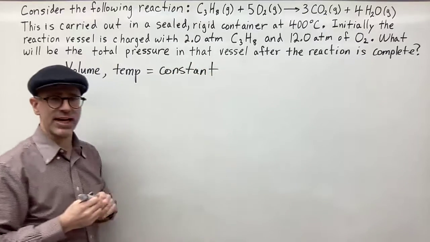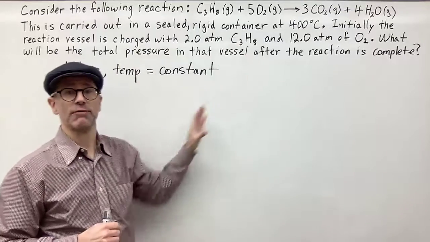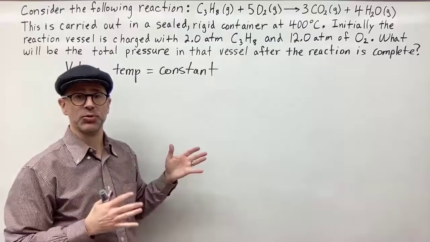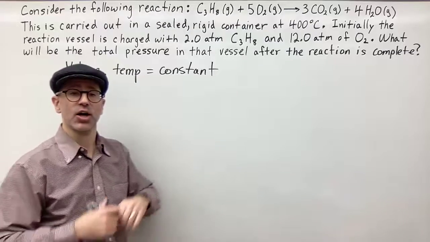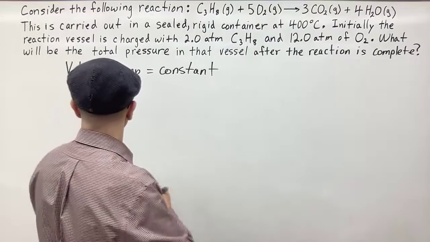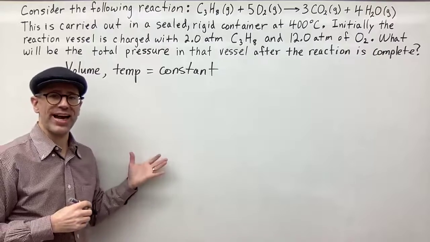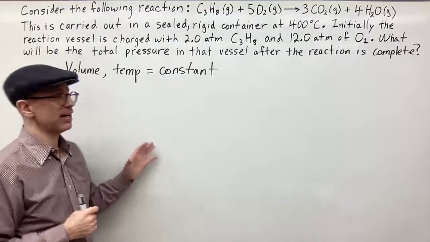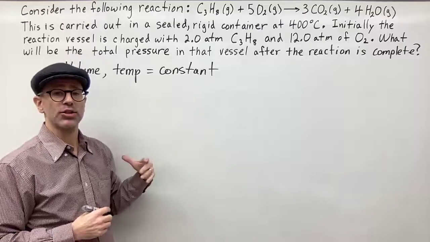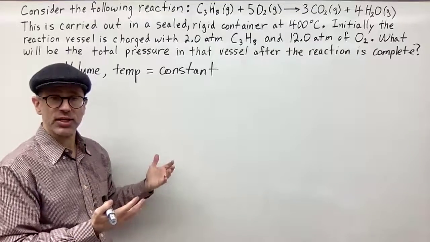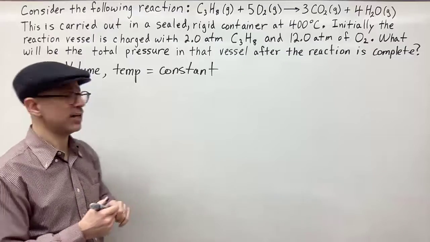Okay, so how does that help us? Well, if we're dealing with gases and we want to figure out the relationship between the properties of the gases, we can start with the combined gas law. Whenever you're trying to figure out what gas law to use and there are changes going on, start with the combined gas law and then eliminate anything that's constant.